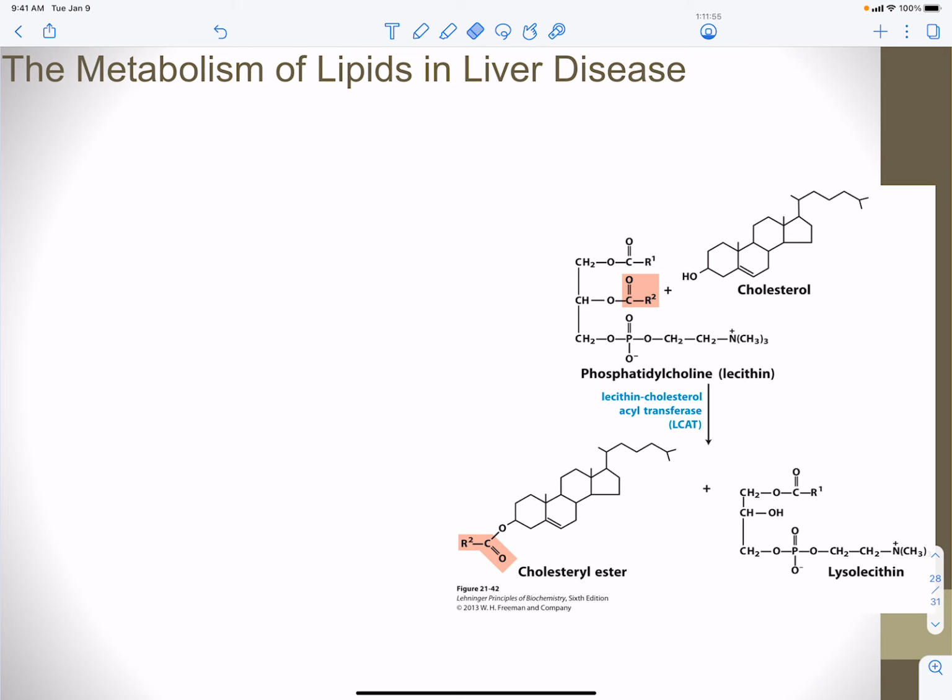So in liver disease, you can get a decrease in LCAT, and this is because the enzyme is synthesized and glycosylated in the liver, and it produces the cholesterol ester as well as lysolecithin.